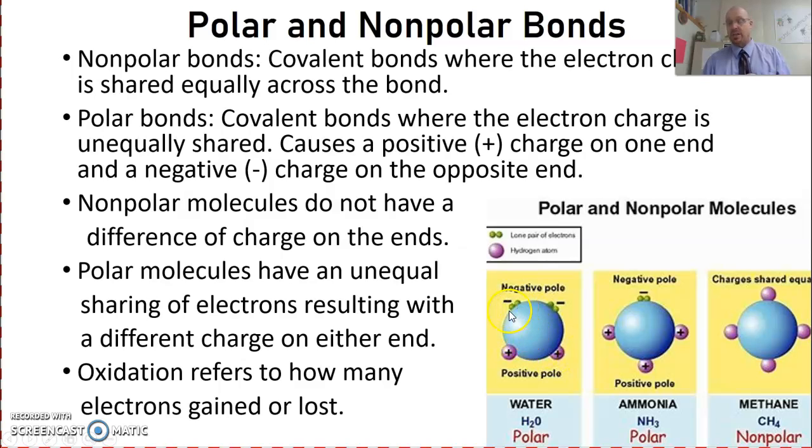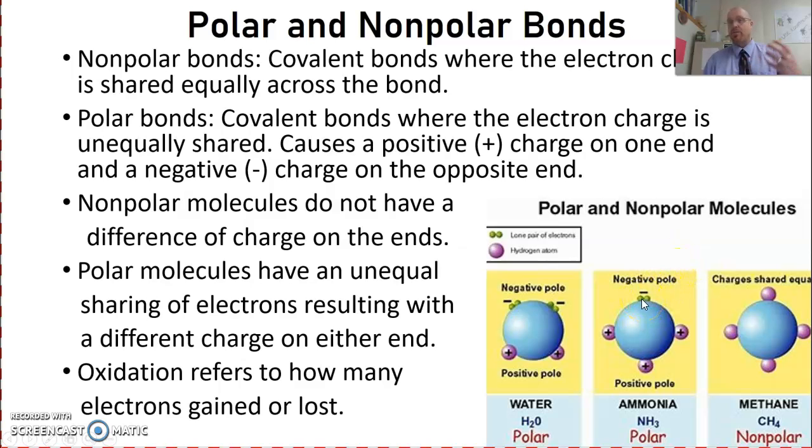Well, there are a couple extra electrons that oxygen already has, and they're on the other end of the molecule. So water is actually a polar molecule because we have a negative pole with the negative electrons on one side and then the positively charged hydrogen atoms on the other side. Ammonia, NH3, is also polar because we have an area that doesn't have another atom bonded to it, so there's a pair of lone electrons.